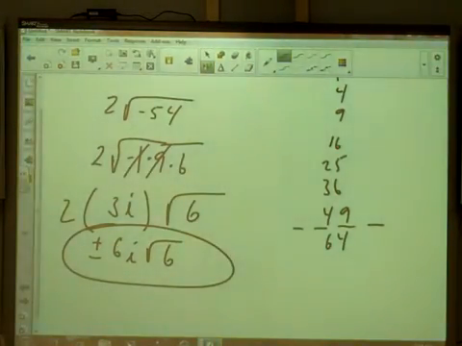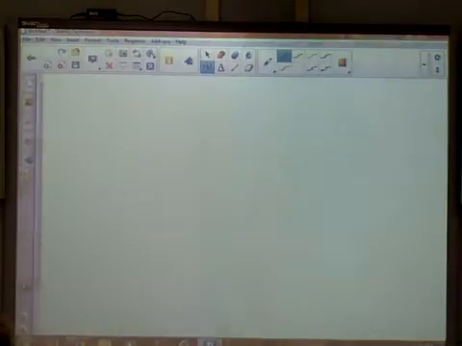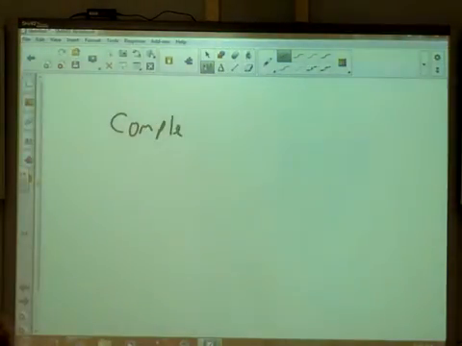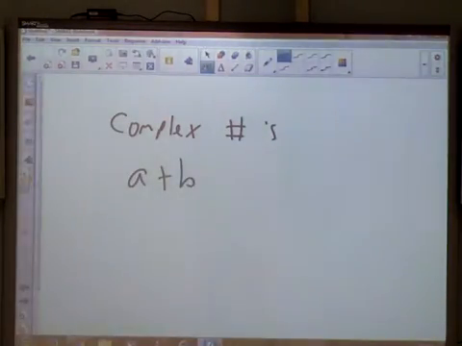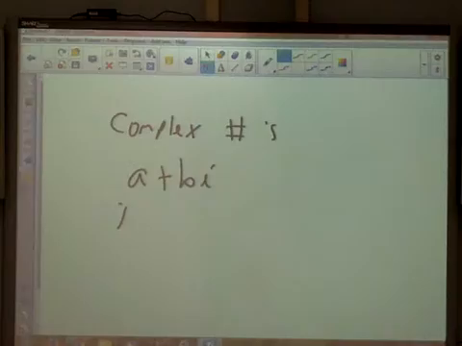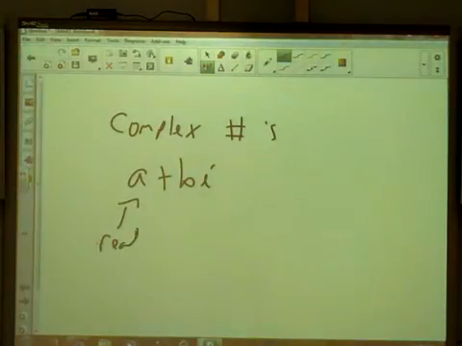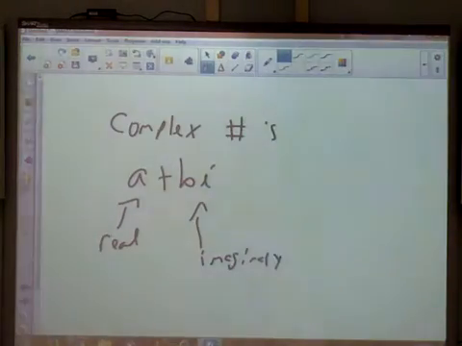All right. Now, when we put these imaginary numbers mixed in with real numbers, standard form, let me make a heading here, standard form of a complex number is a plus bi, where a is the real number, and then obviously the b goes with the i, so that's the imaginary part. Okay?